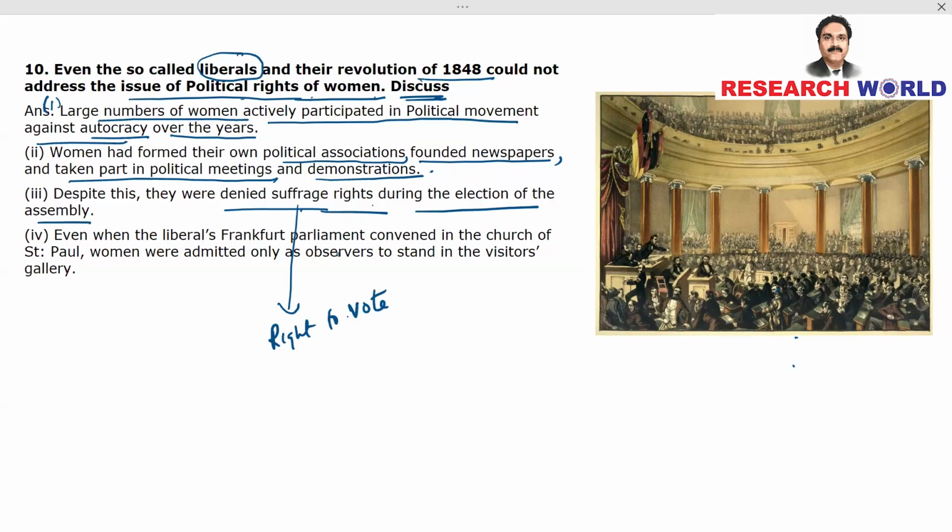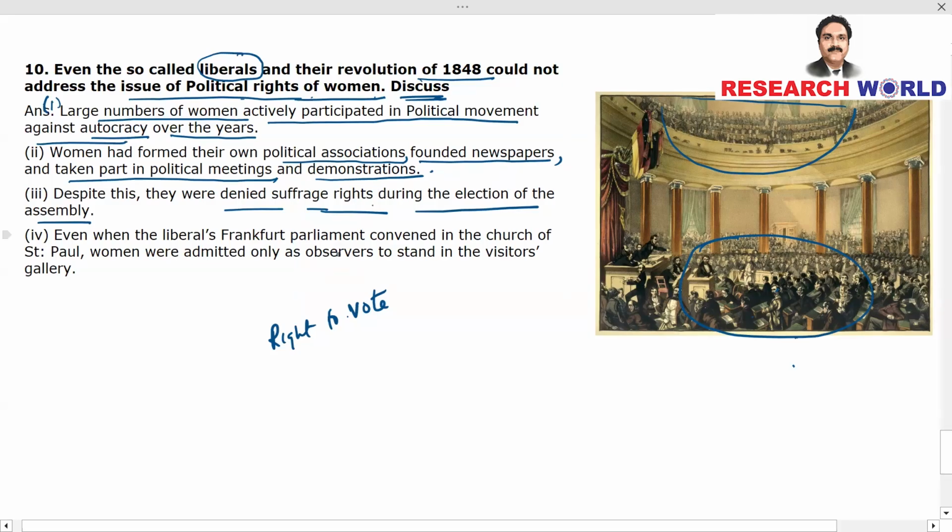Okay, in the National Assembly of 1848 at St. Paul's Church in Frankfurt, you should see that women are just the spectators. And here are those 831 members who are taking decisions. They are forming the parliament, and all the women should be sitting in the gallery as mere spectators.